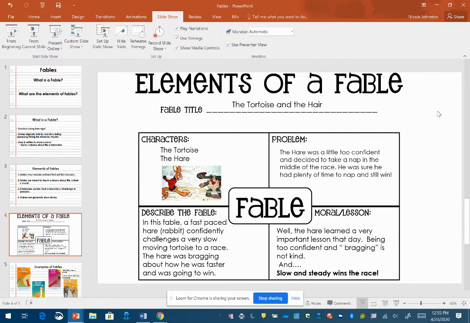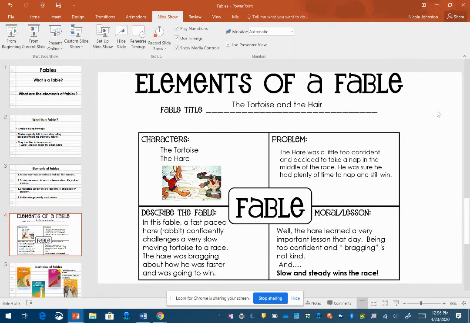So throughout the fable, this rabbit is so confident, challenges this slow moving turtle, and he bragged about the fact that he was going to be faster and that he was clearly going to win. And as the problem came about, that wasn't necessarily the case.